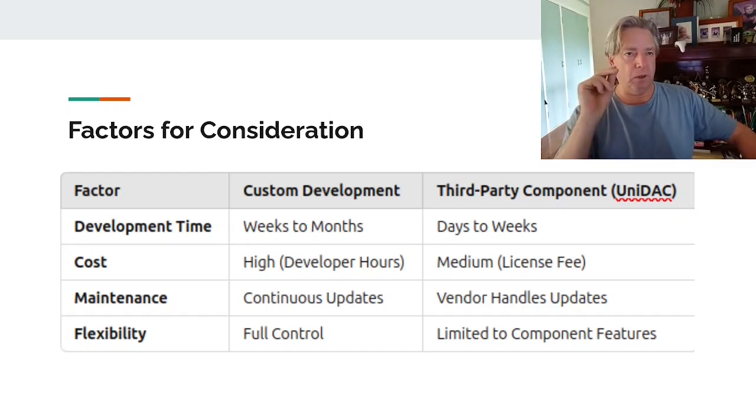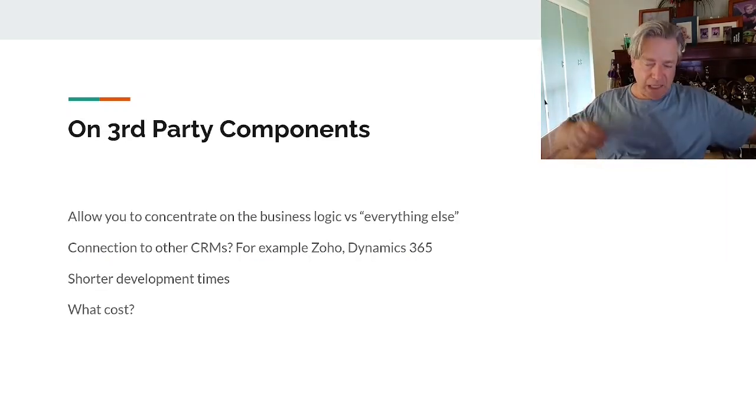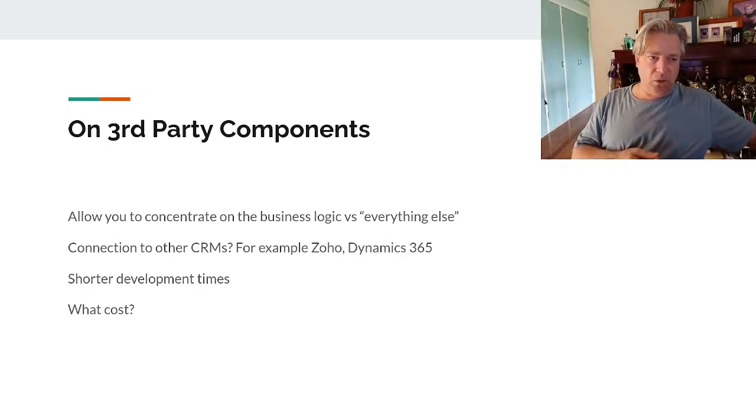What if there was information stored in custom fields or in the system, and does your third-party component handle that? Using a tool like Unidac can allow you to concentrate on the business logic alone, versus it becoming just a small part of everything else.